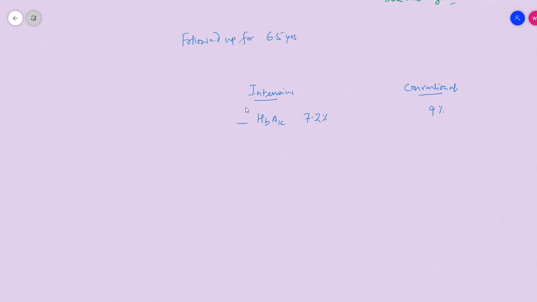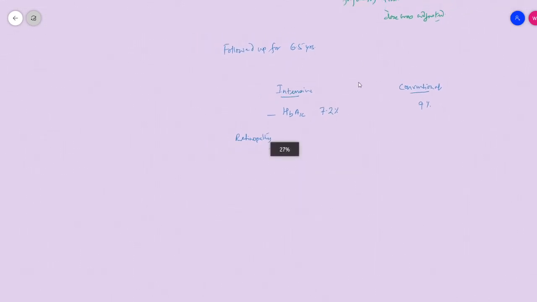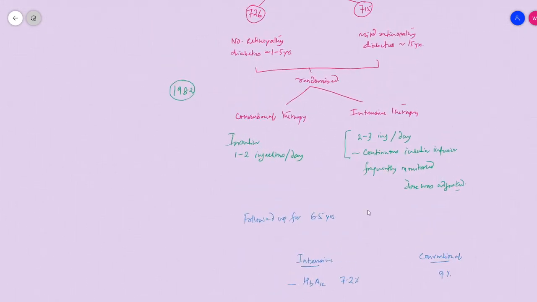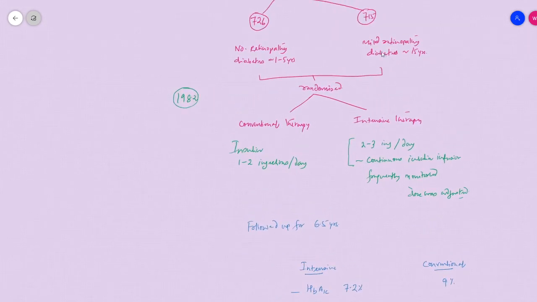And then some problems were checked, for example, retinopathy. Remember that some of the recruited patients already had mild retinopathy, and some did not have retinopathy, but they were randomized and given these therapies.